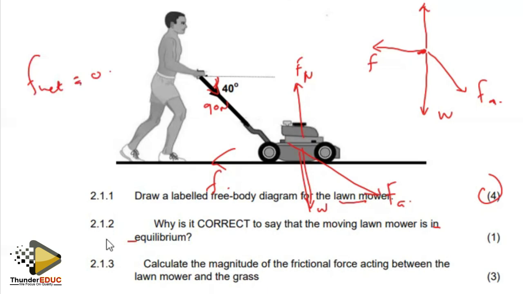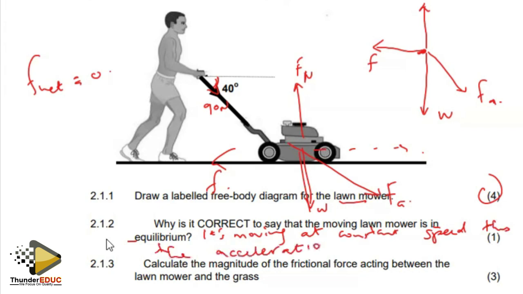The left-hand side is equal to the right-hand side. The force being applied, which is just a component, should be equal to the frictional force. Moving at a constant speed, thus the acceleration is 0.